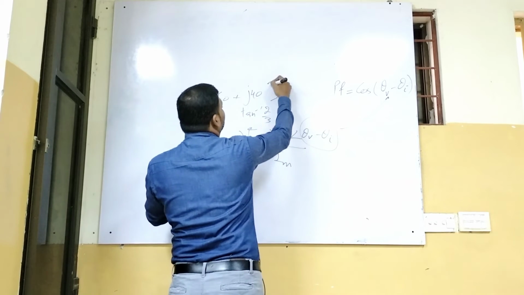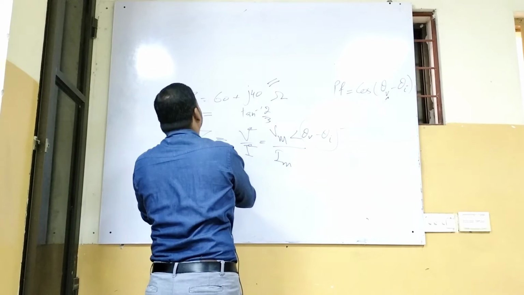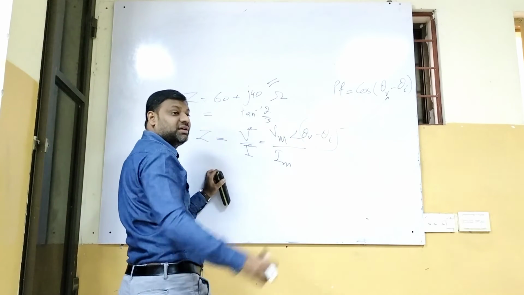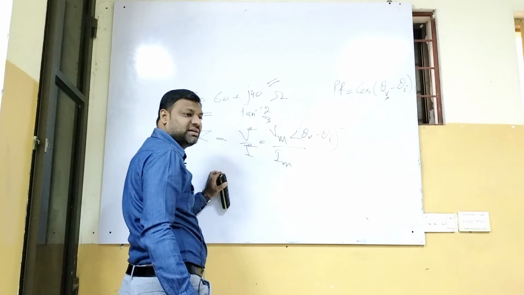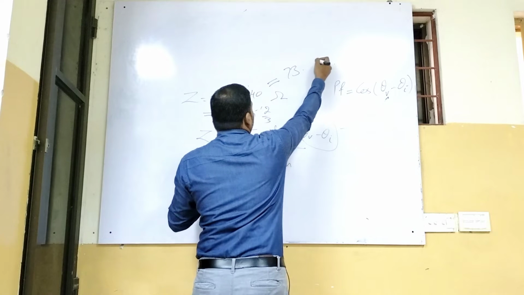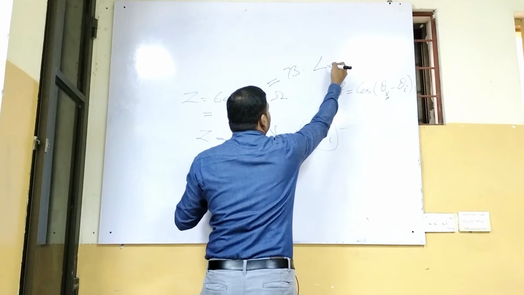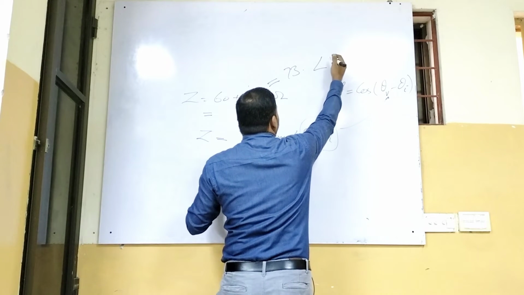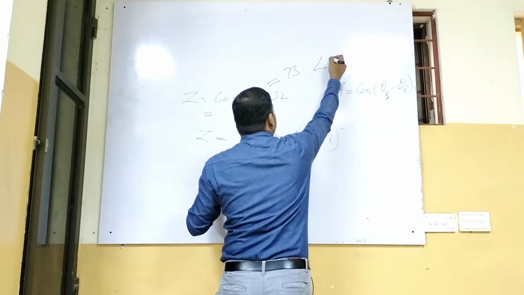Okay, convert it as a whole into phasor form, 60 plus 40j, use your calculator. 72.11 angle 33.69.